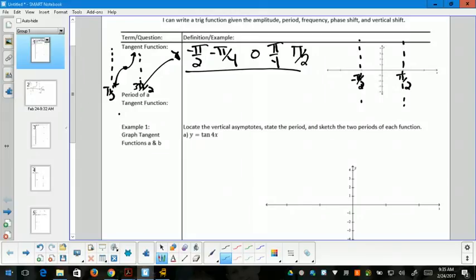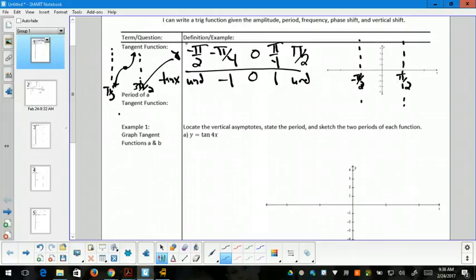Negative pi over 4, the tangent would be negative 1. Undefined gives us the vertical asymptotes. And the tangent of 0 is 0 over 1, which is 0, all from the unit circle.